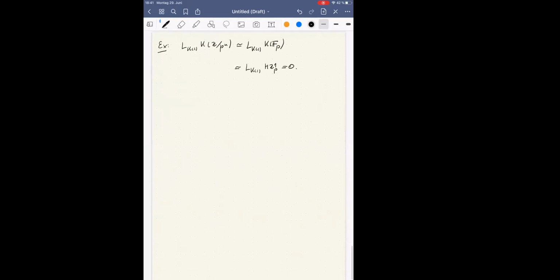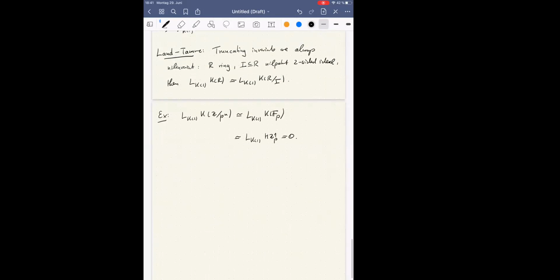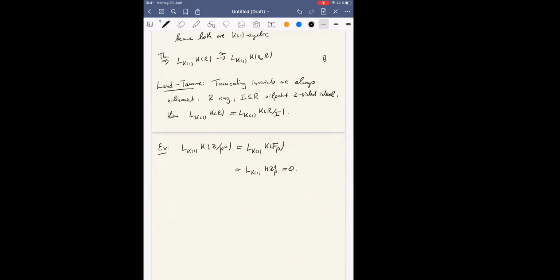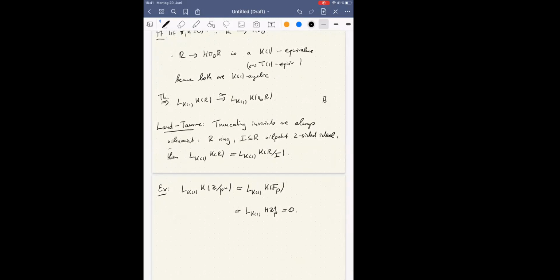And then there's a question about TR, but I don't quite understand, probably whether the Land Tamme result is also true for TR. I must say I know very little about TR. So if TR is also a localizing invariant, then if it's truncating, then it's nil invariant is certainly also true for TR.